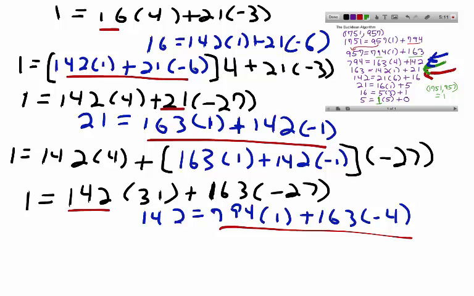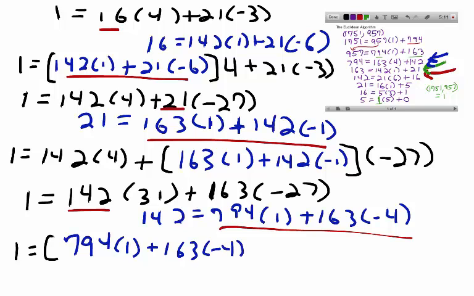This gives us 1 equals 794 times 1 plus 163 times negative 4, times 31, plus 163 times negative 27.